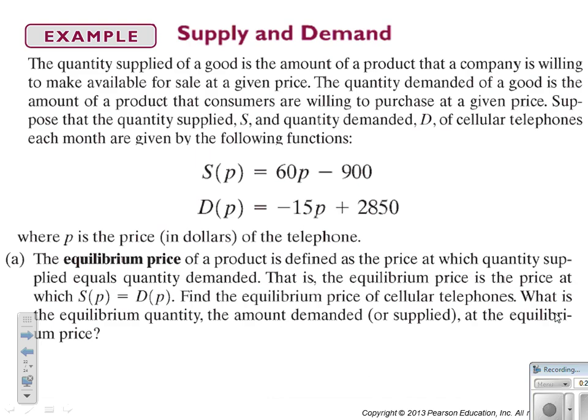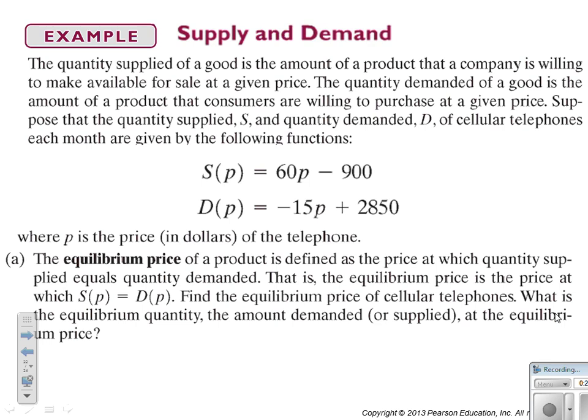Supply and demand, and I know this is definitely a quiz question that I put on your 3.1 quiz. The quantity supplied of a good is the amount of product that a company is willing to make available for sale at a given price. The quantity demanded of a good is the amount of a product that consumers are willing to purchase at a given price.